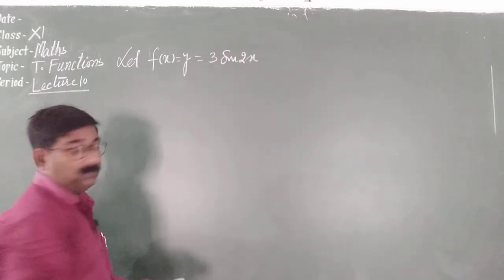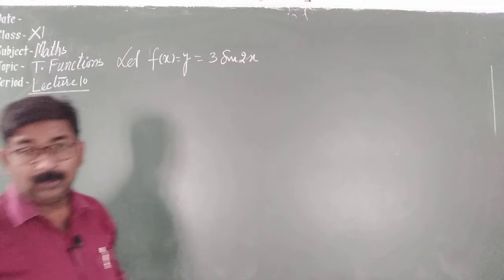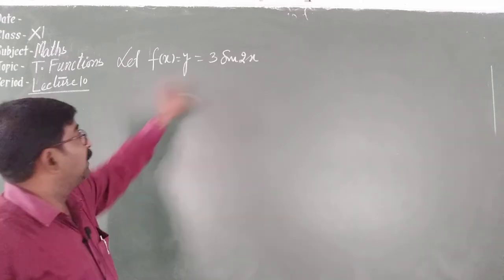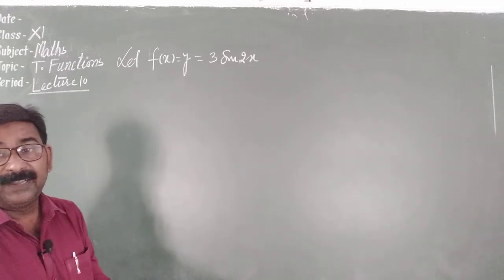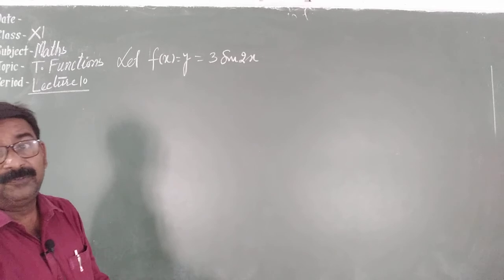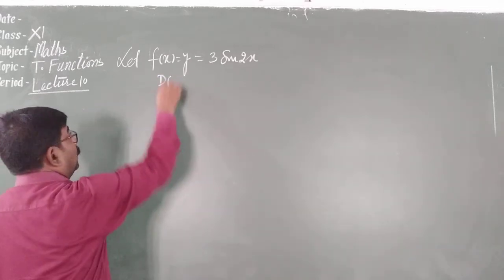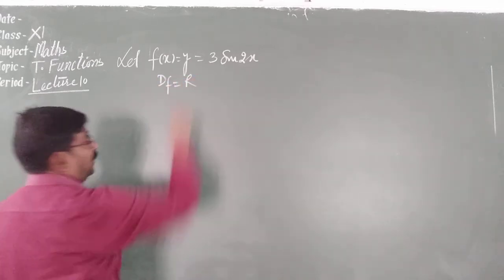For example, 3 sin 2x. How to plot the graph? Once again, we have to find its domain and range. The domain of the function is all real numbers.